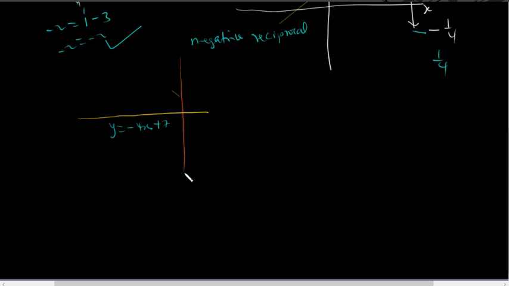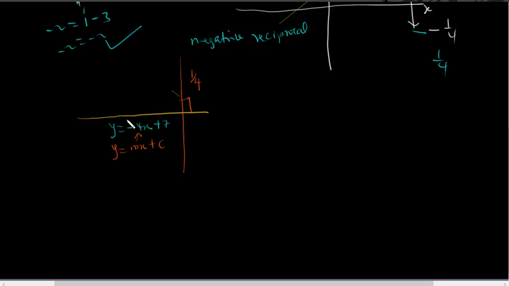We are asked to find the equation of another line that is perpendicular to this line. Now let me say it here. If I compare this to the general formula of the equation of a line, m is negative 4, and if m is negative 4, then the slope of this line, which is perpendicular to the yellow line, is 1 out of 4.